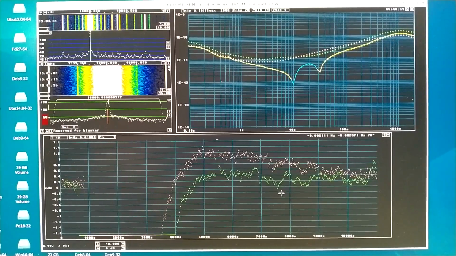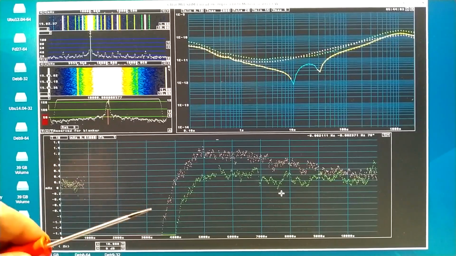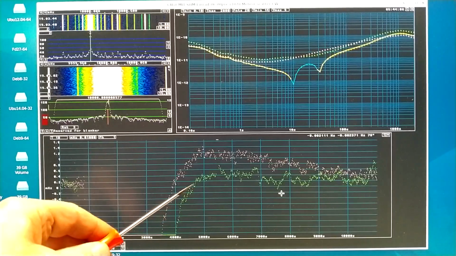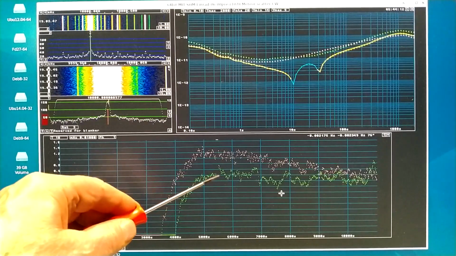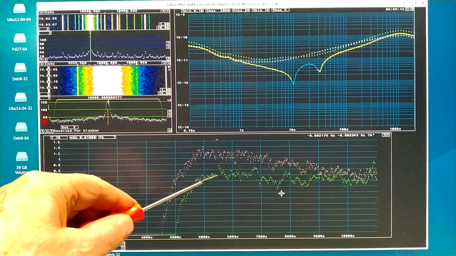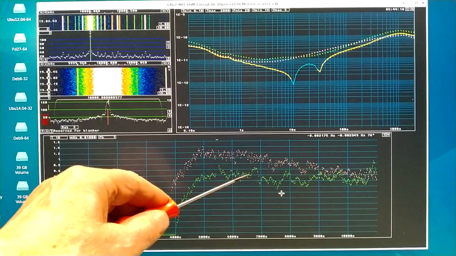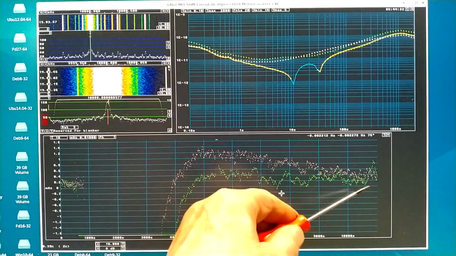The frequency changes at random here. This looks like a random thing, but suddenly this is not random noise, it's a stability problem. And here also, and here, and this thing.